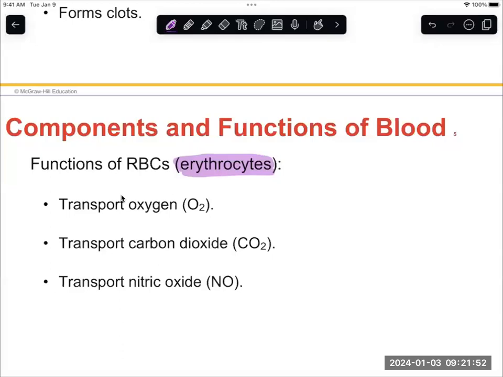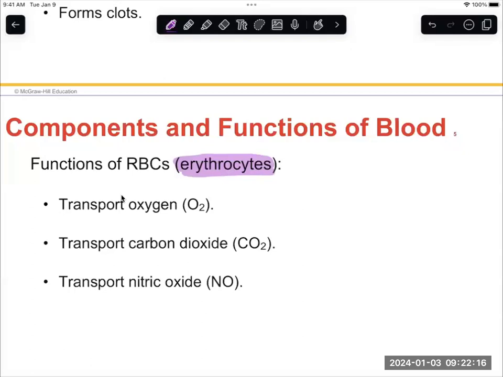They're also going to transport carbon dioxide. They don't transport a lot of carbon dioxide. They only transport some carbon dioxide, but they're taking this carbon dioxide from the tissues back to your lungs so you can exhale it out. Your red blood cells also transport nitric oxide.